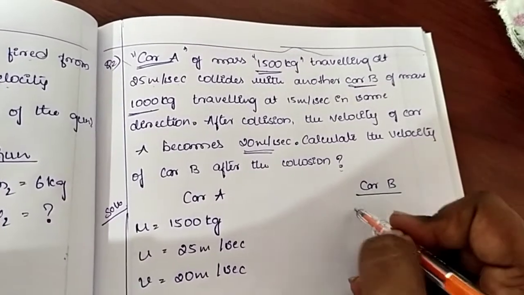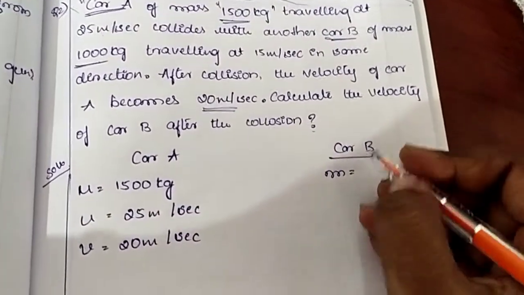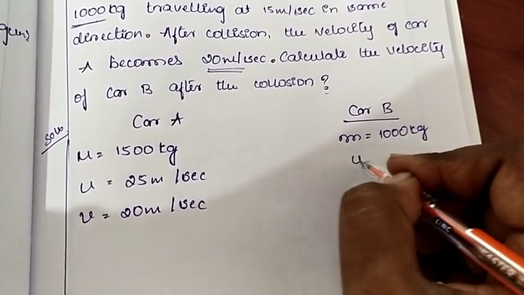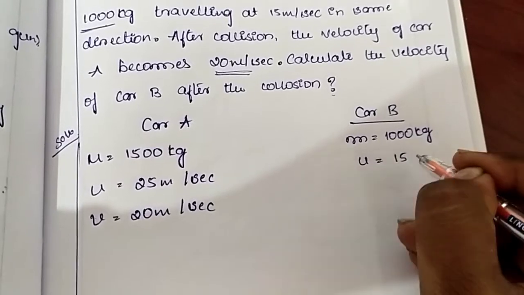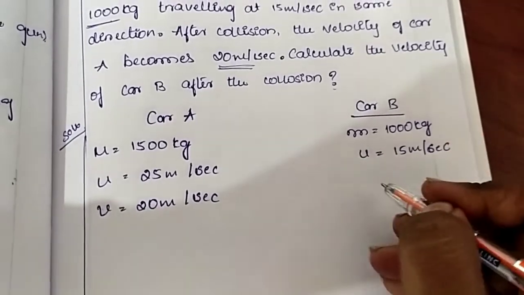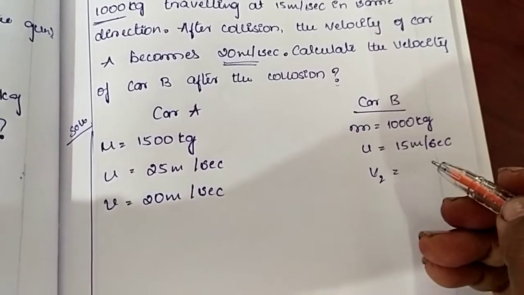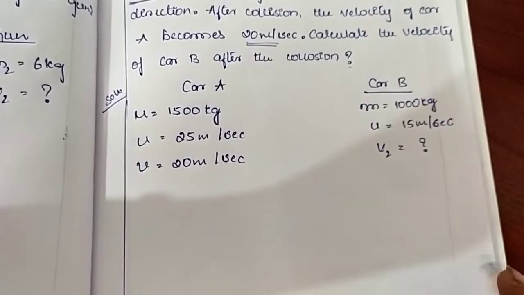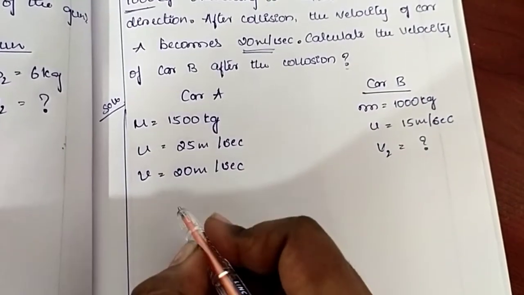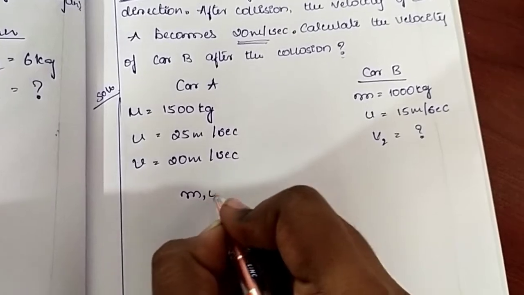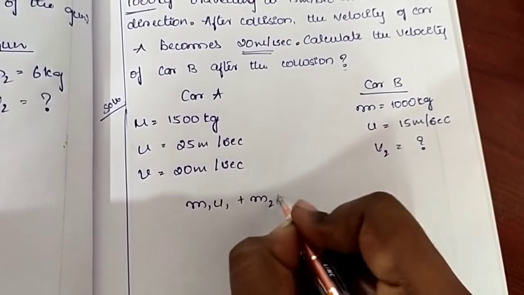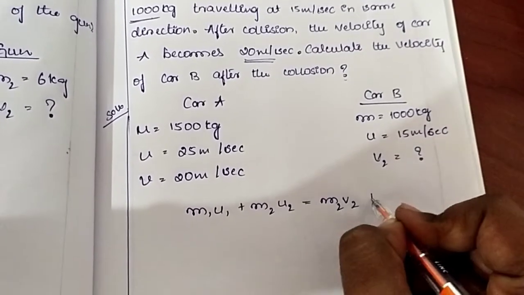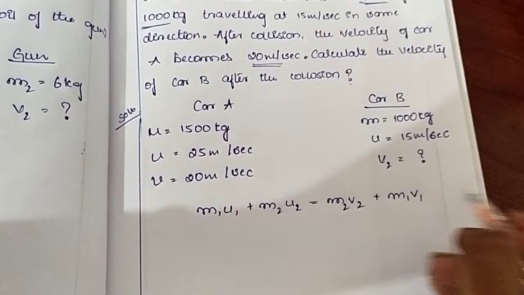For car B, the mass is 1000 kg and the initial speed is 15 meter per second. We need to find out the final velocity by using the formula of law of conservation of momentum, that is m1 u1 plus m2 u2 equals m2 v2 plus m1 v1.